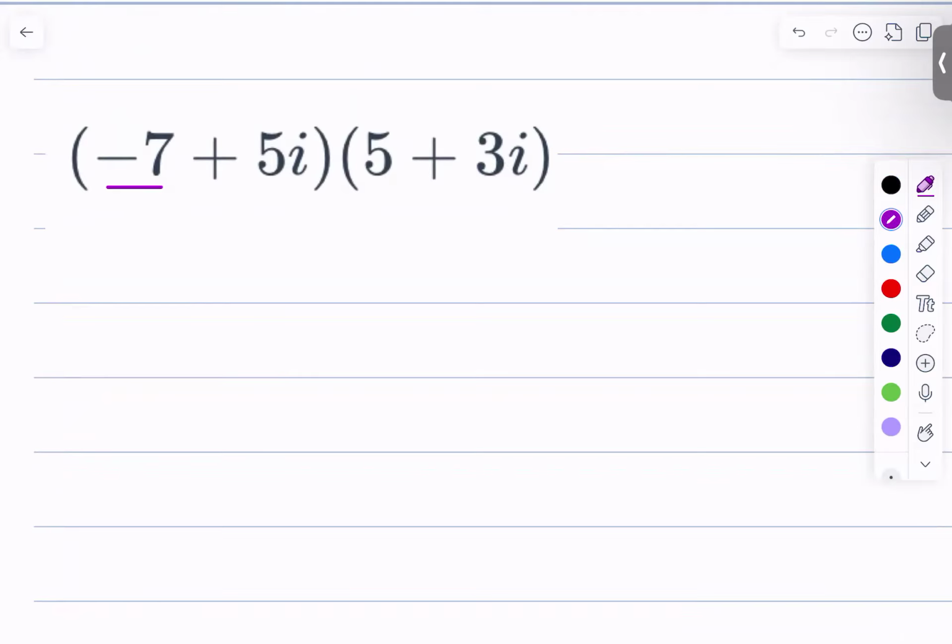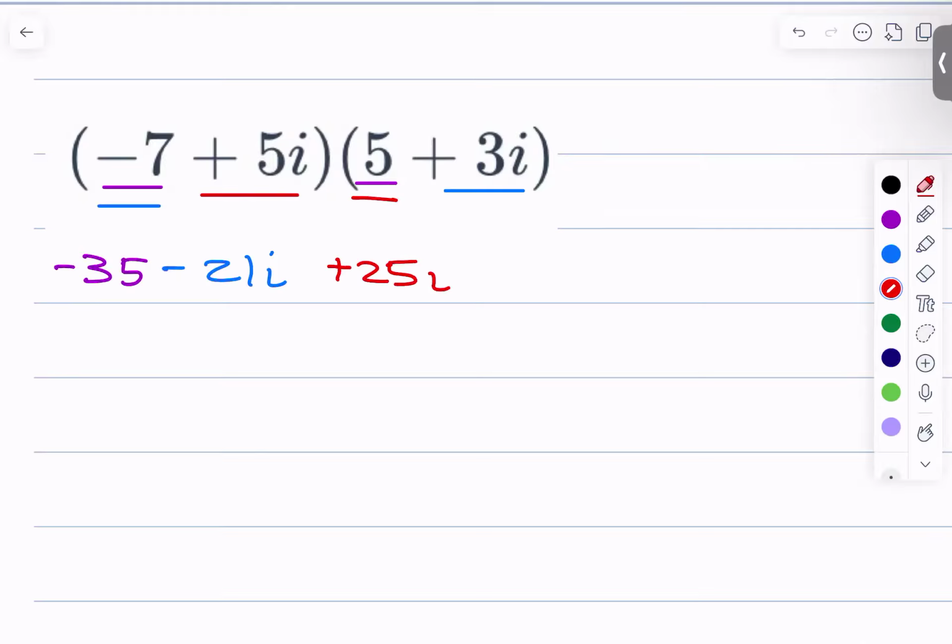So negative 7 times 5, that's negative 35. Negative 7 times 3i would be negative 21i. 5i times 5, that's positive 25i.